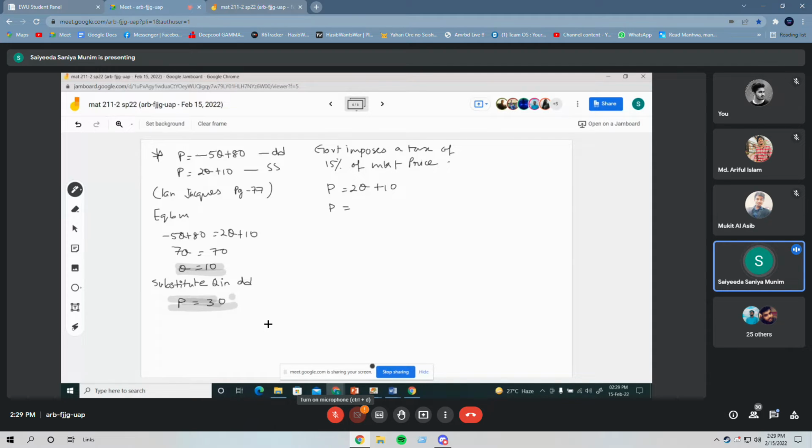Price will increase by 2Q plus 10 plus 0.15p. Remember, 15% of the market price. So 15% is 0.15. Market price is your P. So the supply equation is changing by the amount of the tax, which is 0.15p.